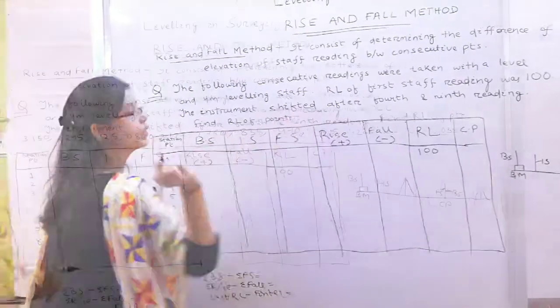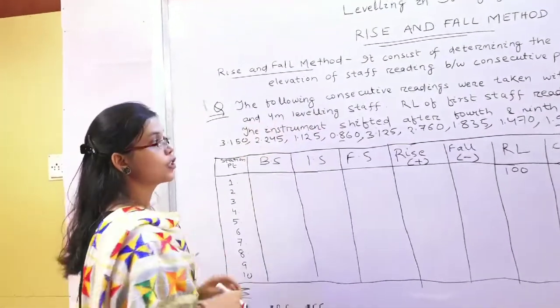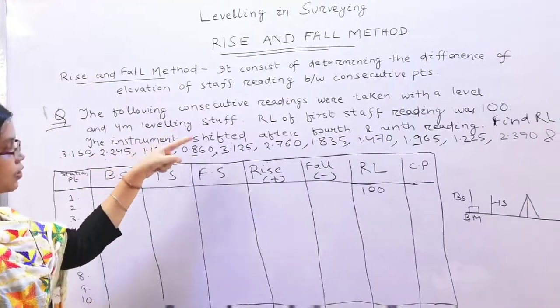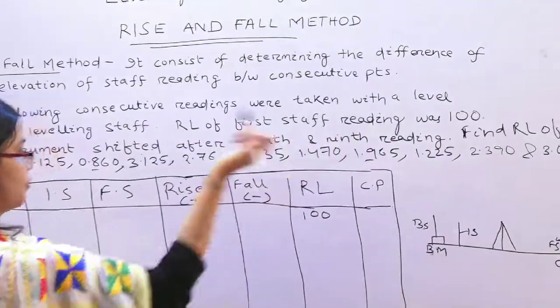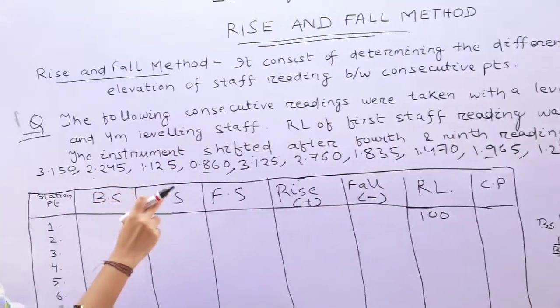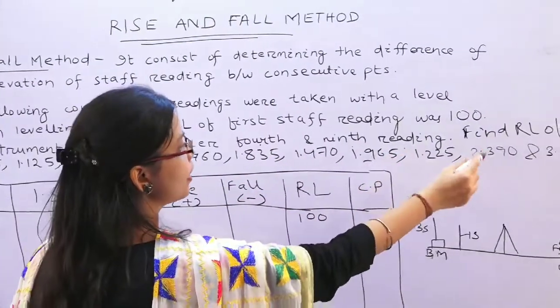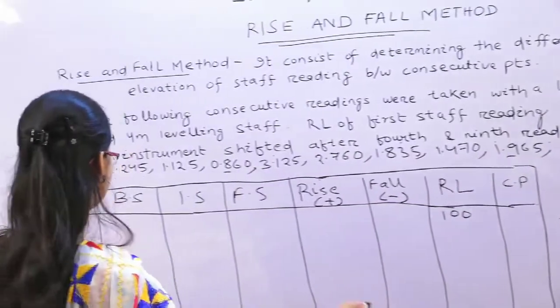Now see the question: the following consecutive readings were taken with a level and a 4 m leveling staff. The RL of the first reading was 100 and the instrument was shifted after the 4th and 9th reading. Find the RL of the points of different station points.